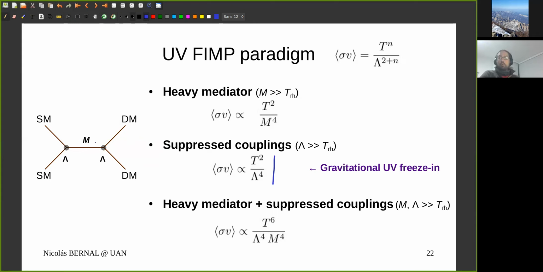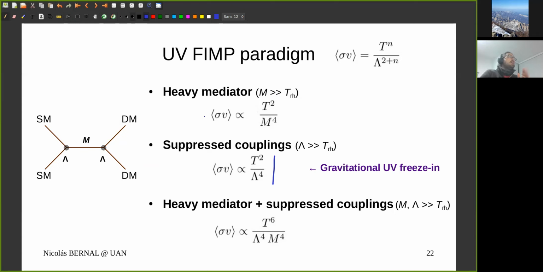Gravity is always a portal; the graviton is always there. So in this case, you can imagine that the scale of new physics corresponds to the coupling between the graviton and dark matter, or the graviton and the standard model. And we know that there's no freedom there. The graviton is just a massless spin 2 which couples with a coupling proportional to 1 over the Planck mass.